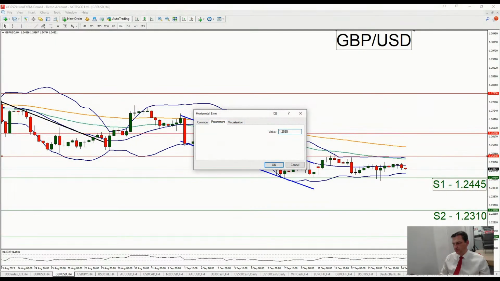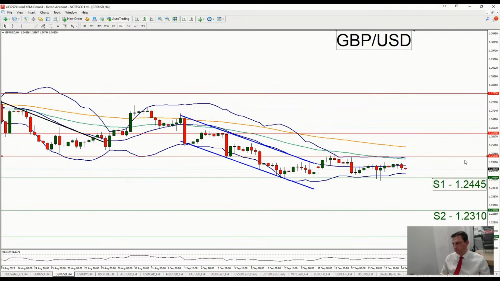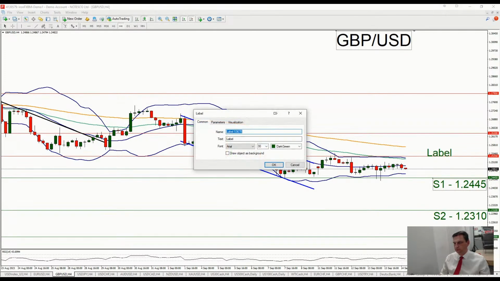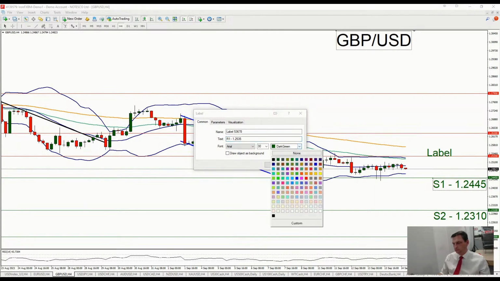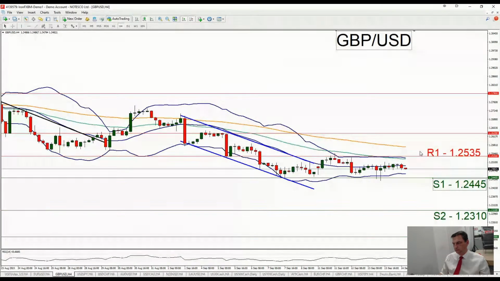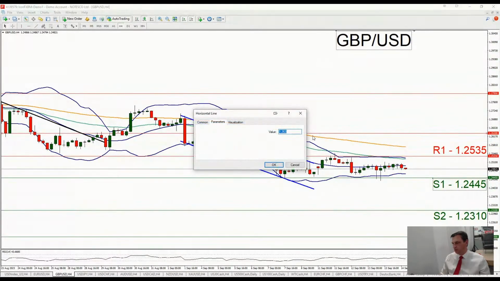R1 at 1.2535. R2 at 1.2630. Allow me to verify that.